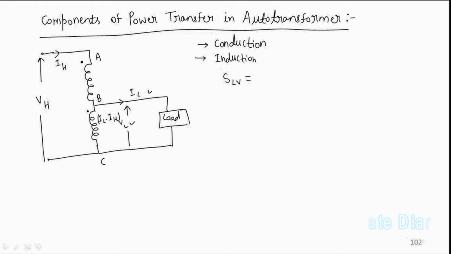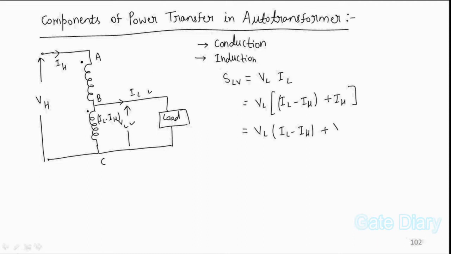VL into IL. VL, and you can add IL minus IH and plus IH. I am just adding plus IH and minus IH.